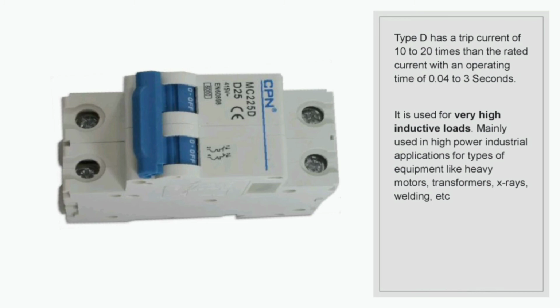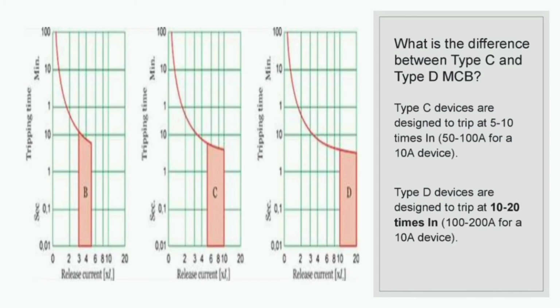It is used for very high inductive loads, mainly in high power industrial applications, like transformers, heavy motors, welding equipment and x-ray equipment. For this type of higher rating equipment we will use this D type of MCBs.